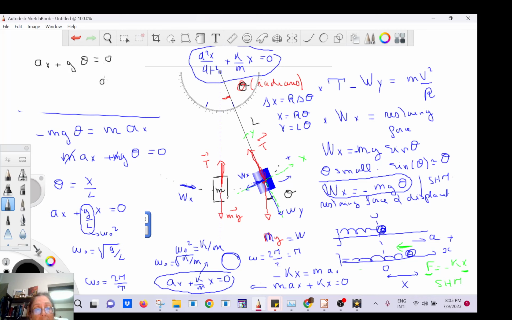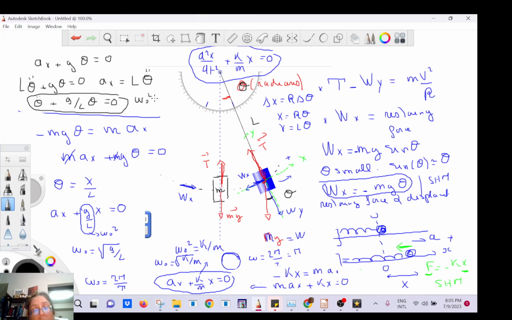And this here can be written as L, and that's going to be the angular acceleration. So I'm going to say L theta dot dot plus g theta equals 0. And you get the same type of equation.